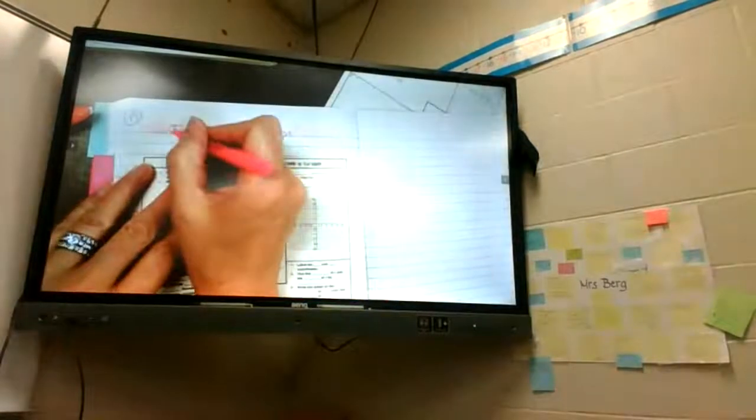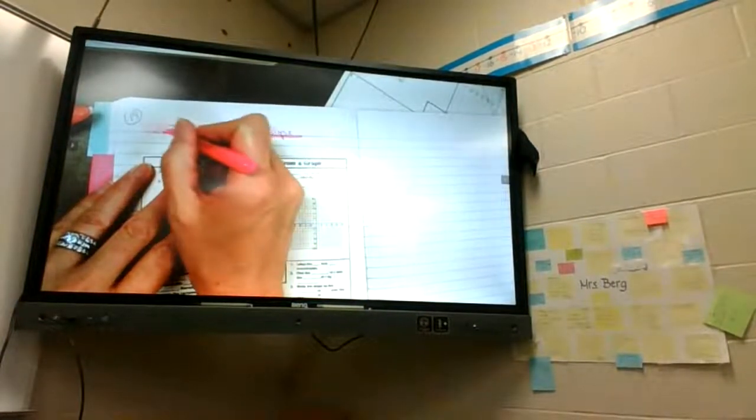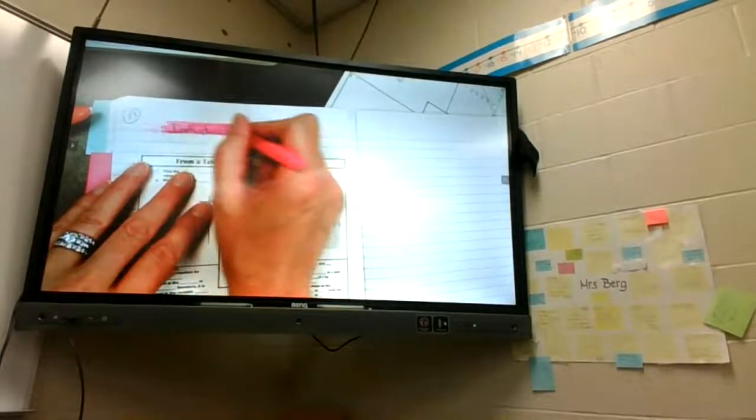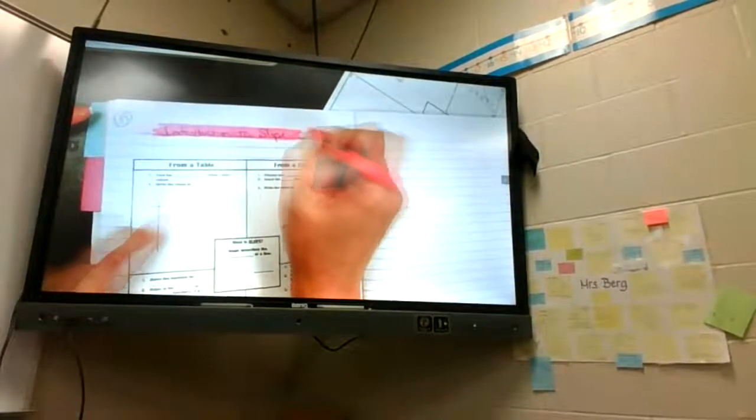Go ahead and glue that down on your left-hand side. We're going to come back to this sheet, and this is going to become our slope reference sheet.